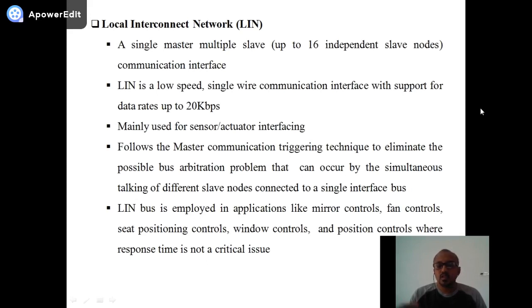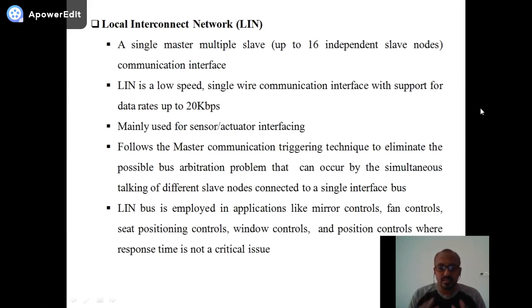LIN is low speed and supports a 20 kbps data rate, mainly used for sensor and actuator interfaces. The master's triggering technique is used to eliminate possible bus arbitration problems.